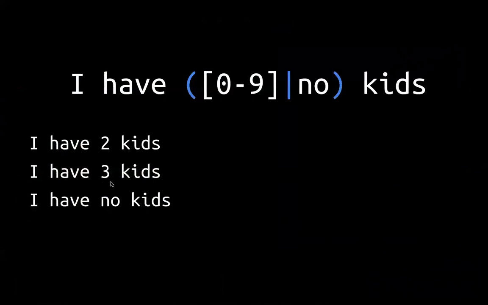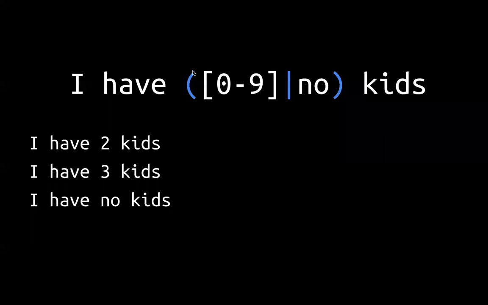I have 2 kids, I have 3 kids, or I have no kids. So in that case, there are 2 things that are valid between have and kids. Either this character class, 0 through 9, right? Numbers 0 through 9 are valid, or just the word no is valid there too. So now people can say I have no kids instead of I have 0 kids.